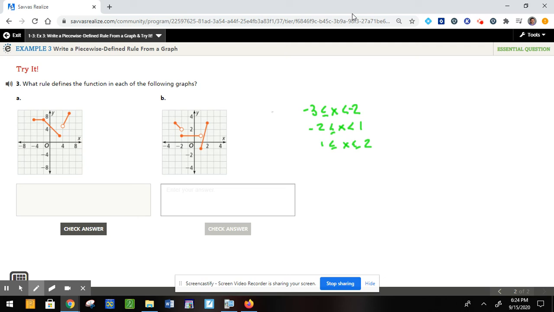So it's going to be y equals negative x. And again, I'm going to try to write it in the function notation that they have. All right, so f of x is equal to negative x over that interval. This one is a horizontal line, so it's just going to be f of x equals 1.